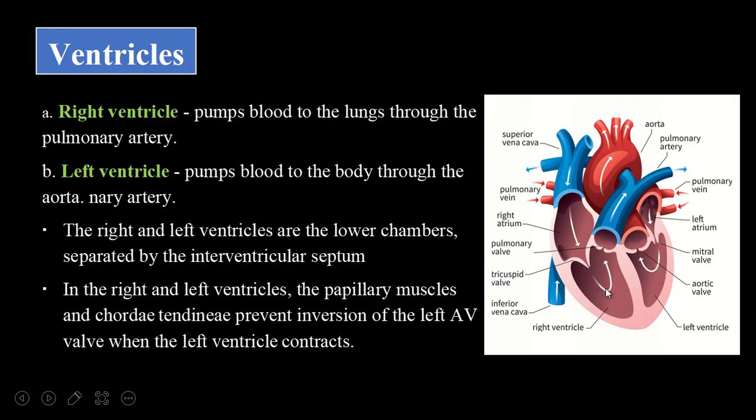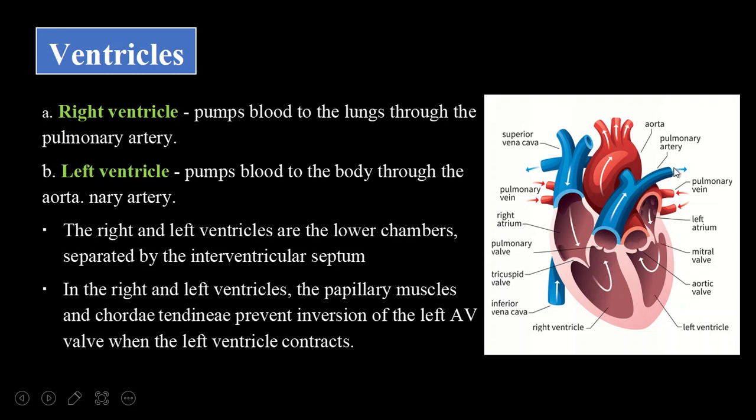So the right ventricle pumps blood to the lungs through the pulmonary artery. So, ang nagpapump talaga sa heart natin is the ventricles. You have the right ventricle and the left ventricle. So, when the blood na nandito sa right atrium flows into the right ventricle, pag nagpump itong ventricle, the blood that was accumulated here will be pushed dito sa pulmonary artery.